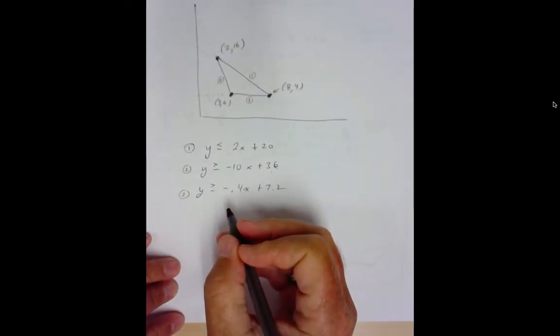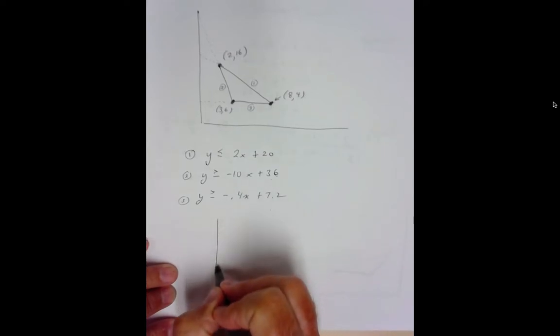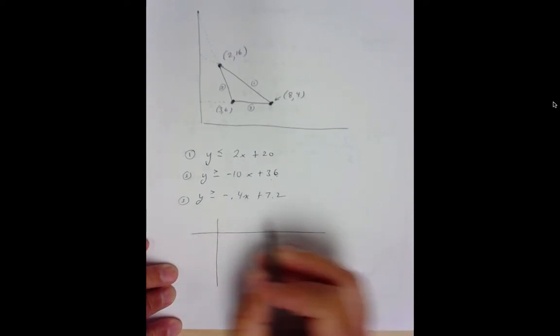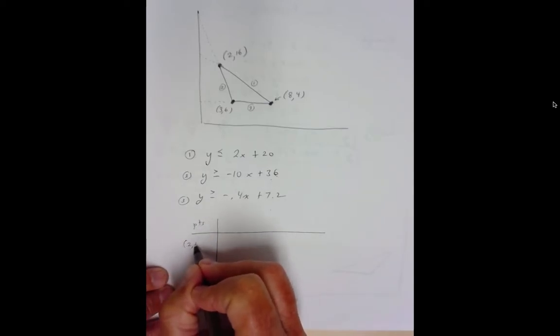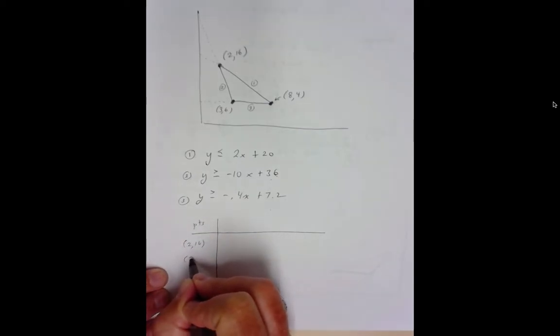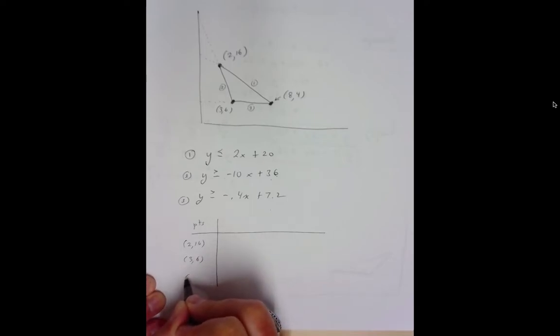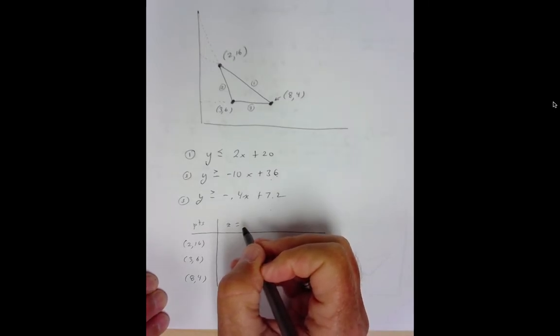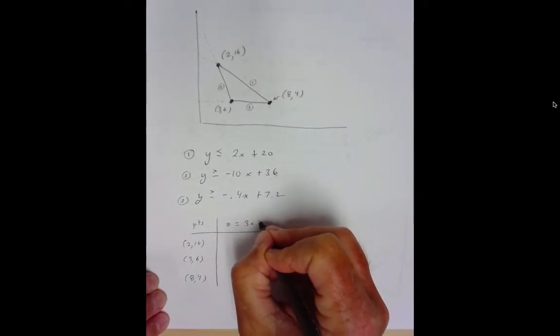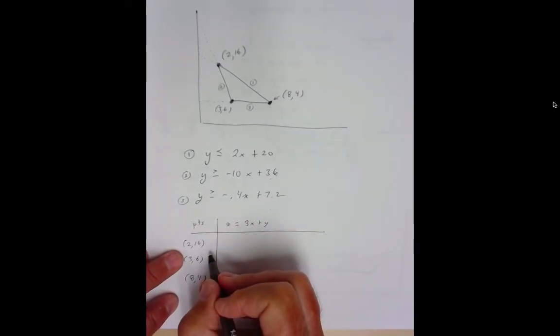And guys, from there, just to be thorough, I'm just going to go ahead and look at my points. So I have 2, 16. I have 3, 6. And I have 8, 4. Where Z was 3x plus y.